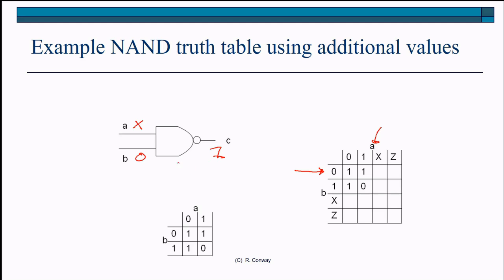In other words, because B is 0, the value of A does not alter the result, i.e. a 1 on the output. If we now look at this column in which we have a Z on the input A, we now have an output of 1 for the same reasoning that one of the inputs contains a 0. And you can see that this means we have a 1 here and here.